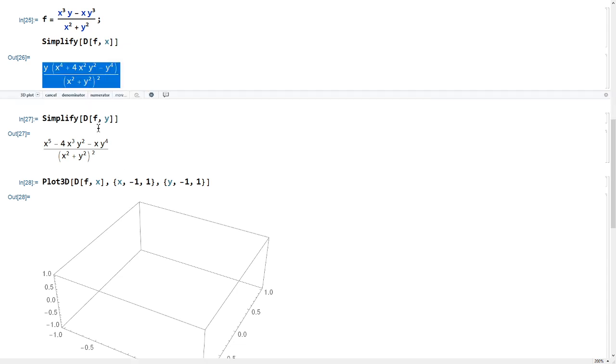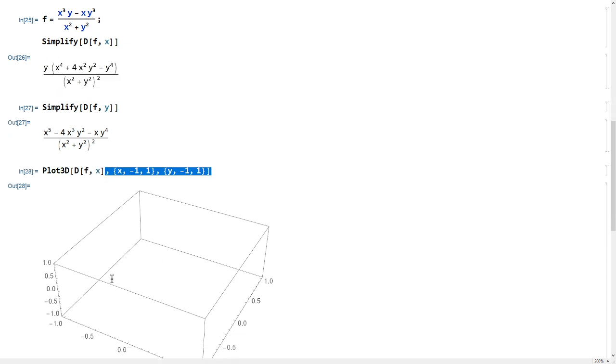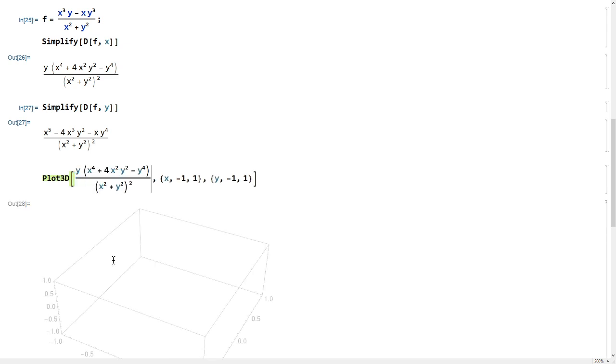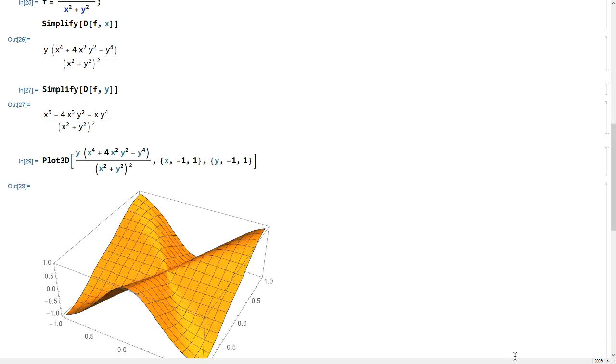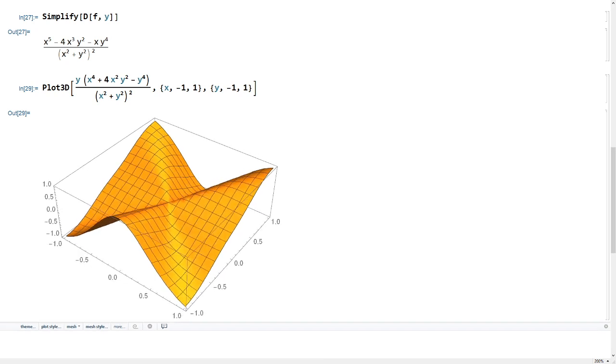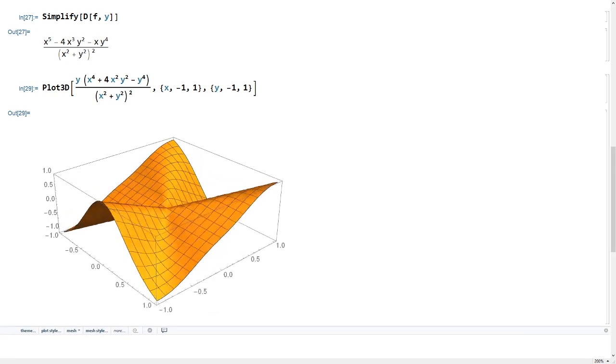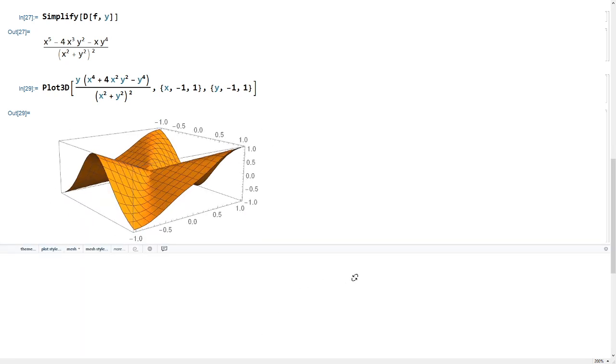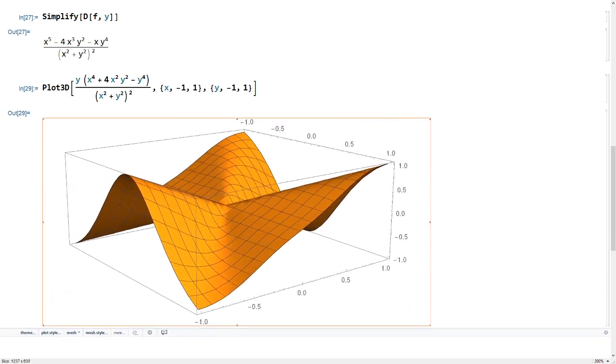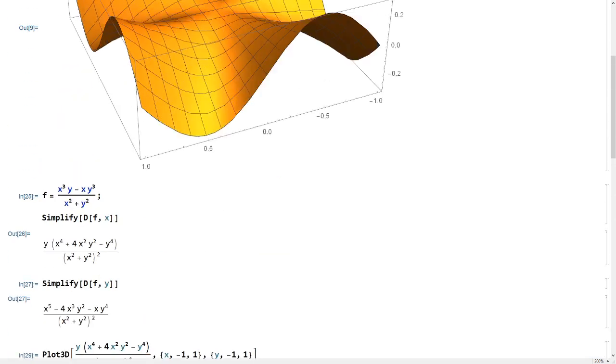I'm just going to copy this. All right. So if we look at this graph here, there's something more serious going on than what was going on in the original graph here.